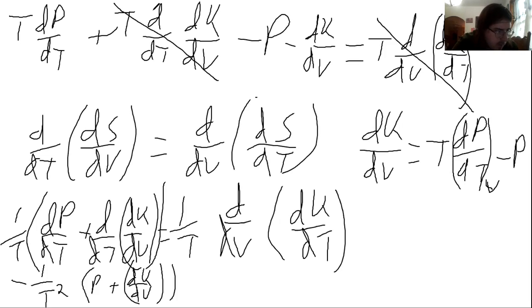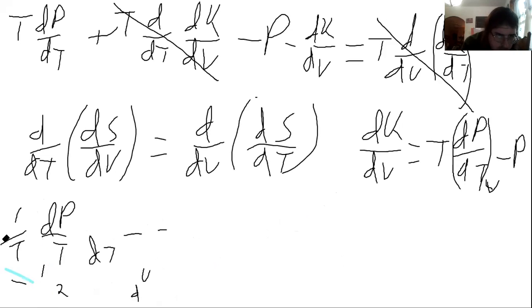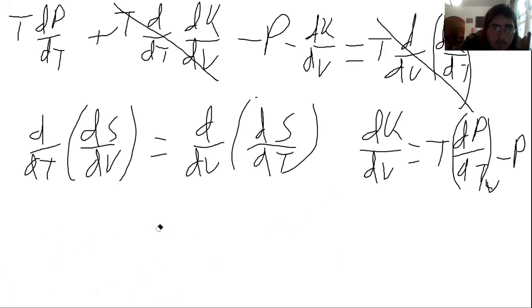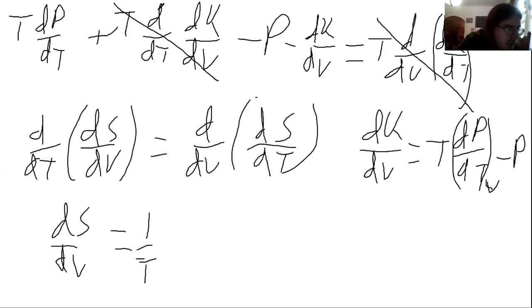But with that in mind, putting that back into our ds dv, remember our ds dv was 1 over t times p plus du dv.